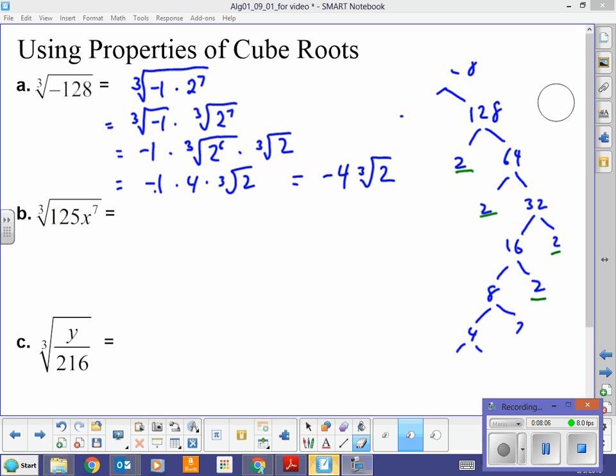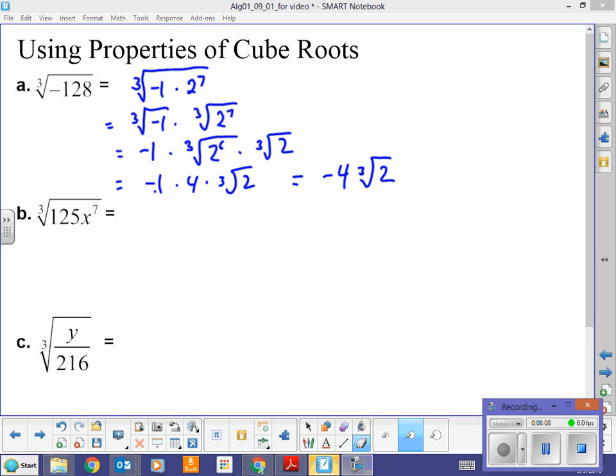Okay, I'm going to erase this, give myself some room to work here. I'll probably leave the last one off. We can do that later. The cube root of 125 x to the 7th. 125 is already a perfect cube because it's 5 cubed. So I'm going to draw a line here.